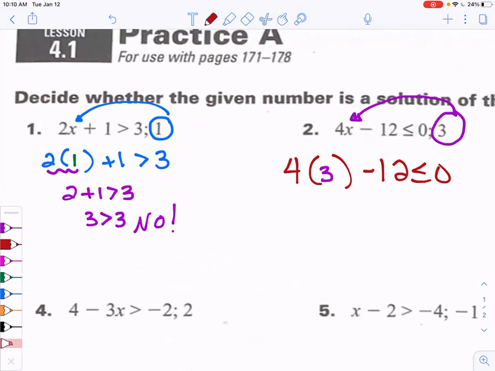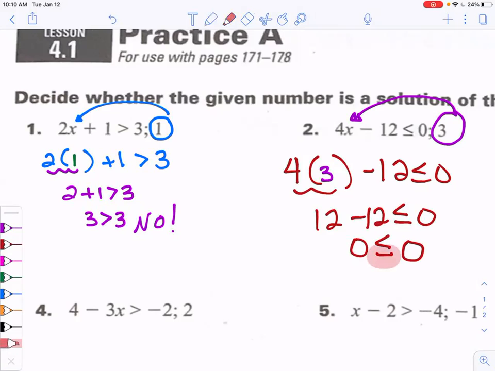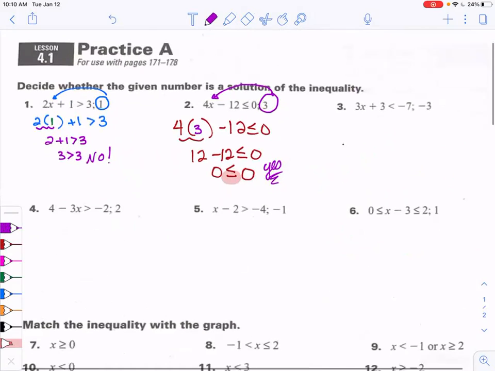All right, Haley, what is 4 times 3? 12 minus 12. What's 12 minus 12? Is 0 less than or equal to 0? Yes, because it also says equal to. 0 is equal to 0. So this one's a yes. So we did those 2.